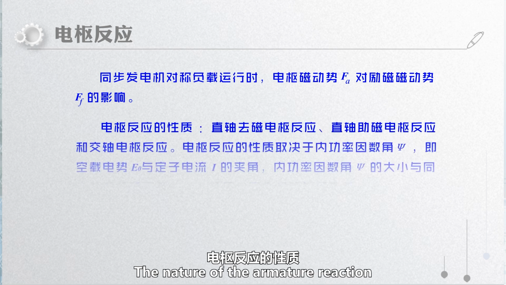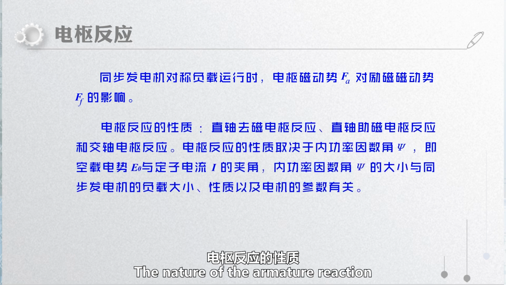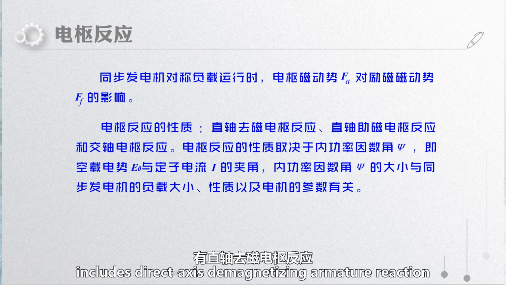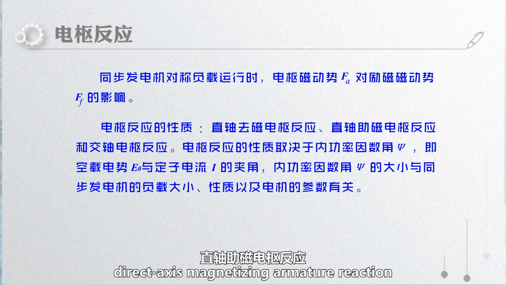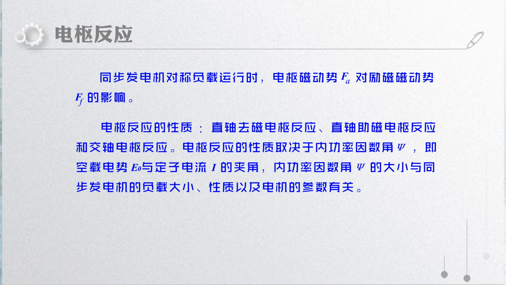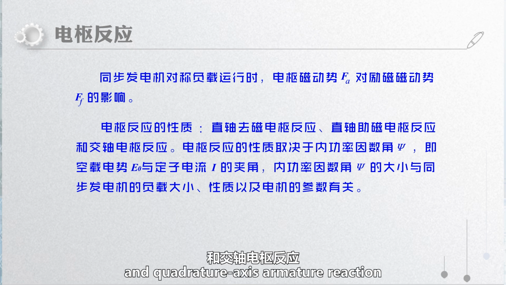The nature of the armature reaction includes direct axis demagnetizing armature reaction, direct axis magnetizing armature reaction, and quadrature axis armature reaction.